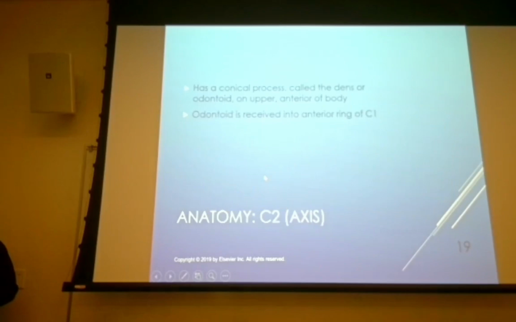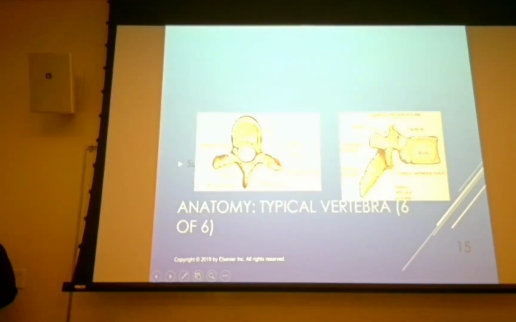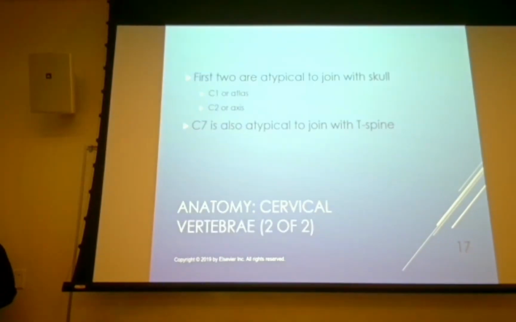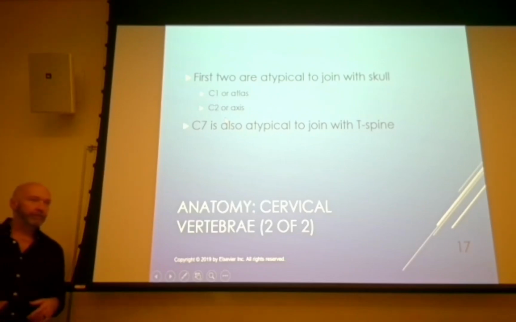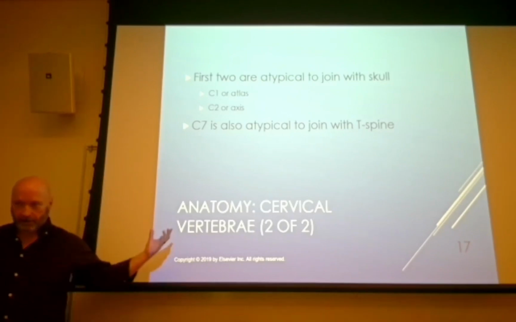All right. So what we've got with our cervical vertebra is that stuff, but we've got two vertebrae that are a little bit unique, and that is C1 and C2. C1 is what we refer to as the Atlas. In Greek mythology, who's the guy that holds the globe up?